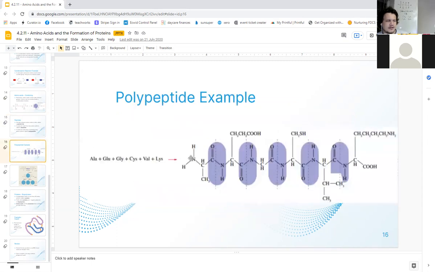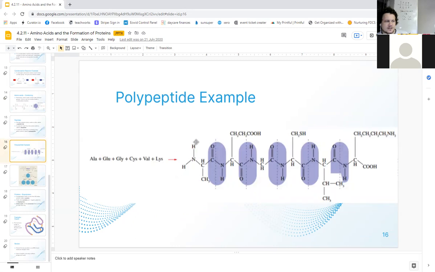So here we've got alanine, glycine, glycine, glycine, cysteine, valine, and lysine all joined together. Here we've got the peptide bond. Here we've got the R group. So you've got to be able to recognize what's what.